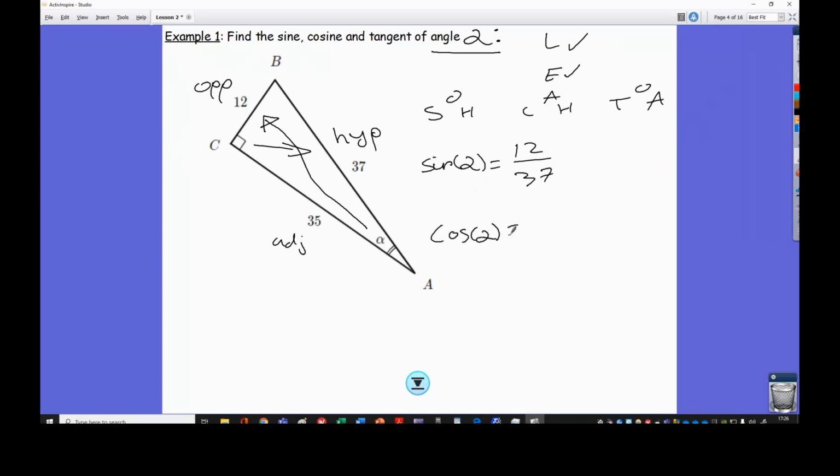Cos alpha is equal to the adjacent divided by the hypotenuse. So that is 35 over 37. And tan of alpha is equal to the opposite divided by the adjacent, 12 over 35. You can leave them like this because we have scientific calculators, so that's fine.